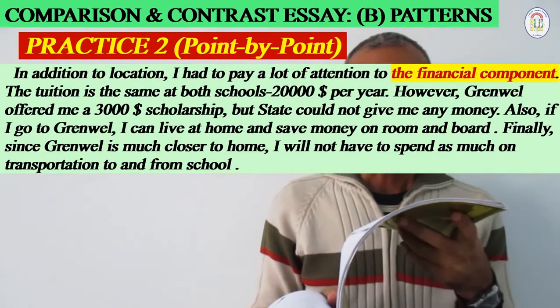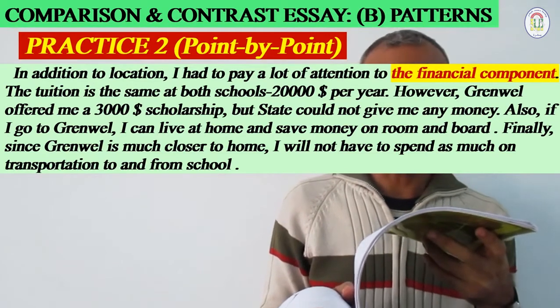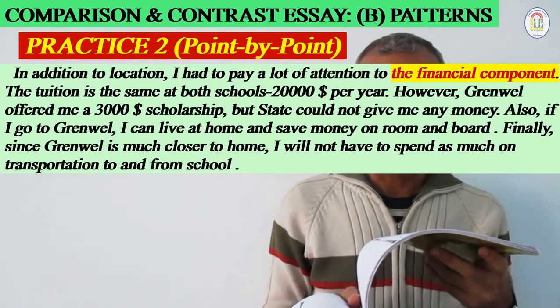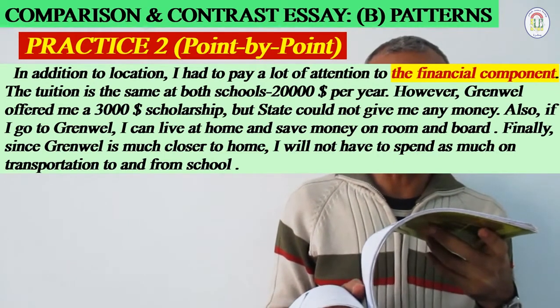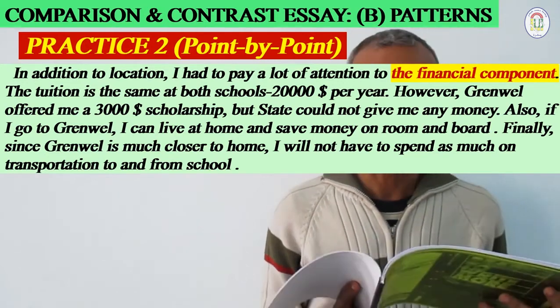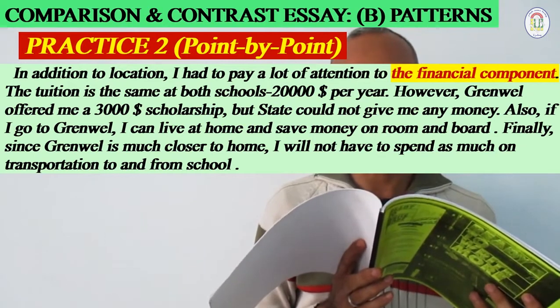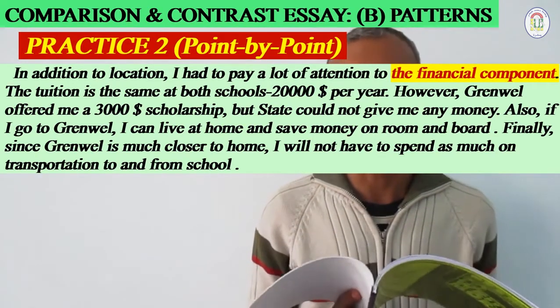The tuition is the same at both schools, 20,000 per year. However, Greenwell offered me a 3,000 scholarship, but State couldn't give me any money. Also, if I go to Greenwell, I can live at home and save money on room and board. Finally, since Greenwell is much closer to home, I won't have to spend as much on transportation to and from school.